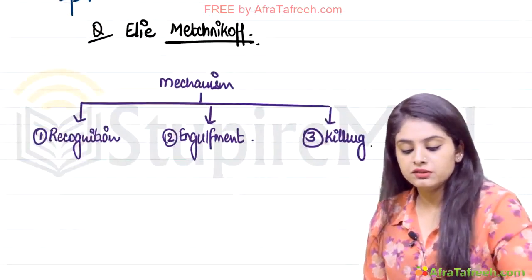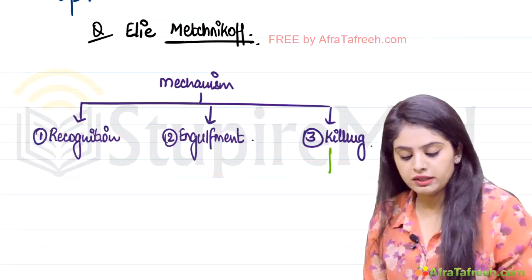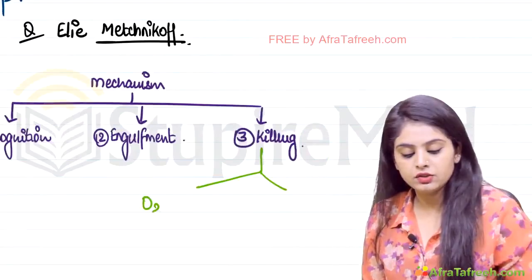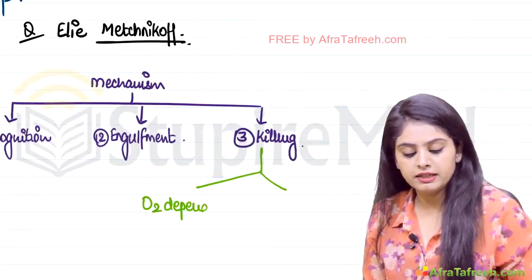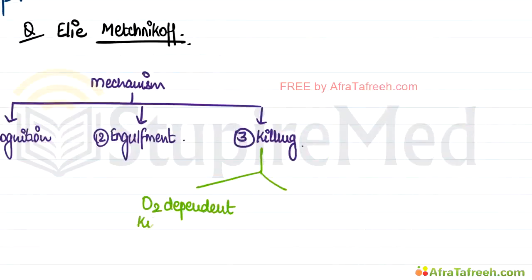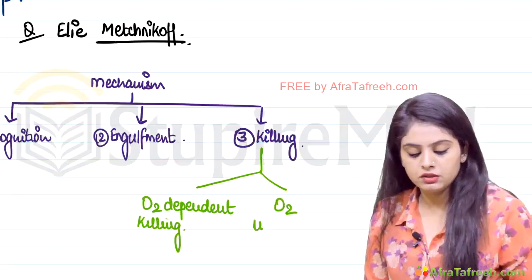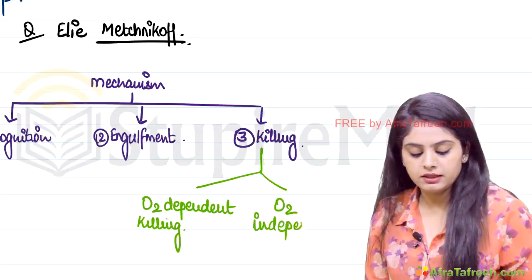This killing, students, can be of two types. Either it will utilize oxygen, so it will be oxygen dependent killing, or it will not utilize oxygen, so it is oxygen independent killing.